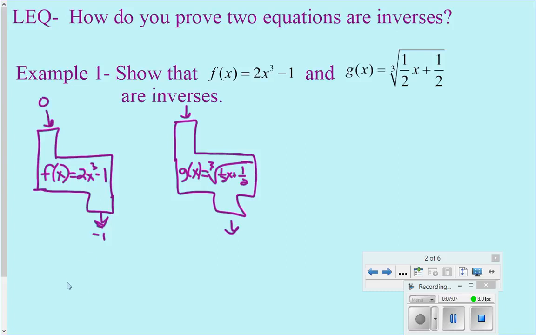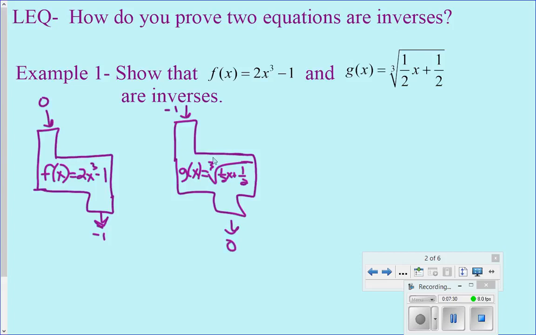We know it means opposite operation in the reverse order. So if I then put -1 in as the input, if you think about that, opposite operation, reverse order, that would mean then that my original input should come out as the final output. So let's see if that happens. I'm expecting 0 to come out because that was the original input.